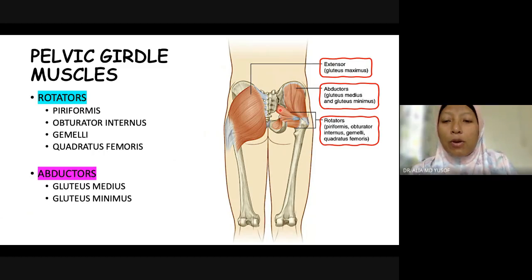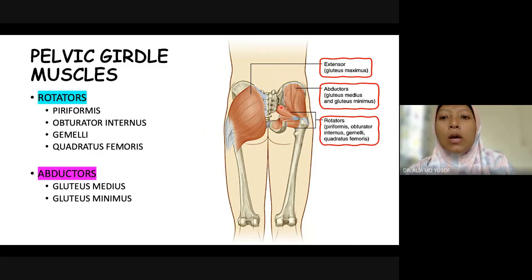Okay, again I repeat, from superior to inferior, the piriformis, the superior gemellus, the obturator internus, the inferior gemellus, and the quadratus femoris muscle.